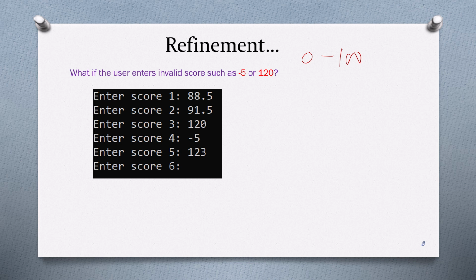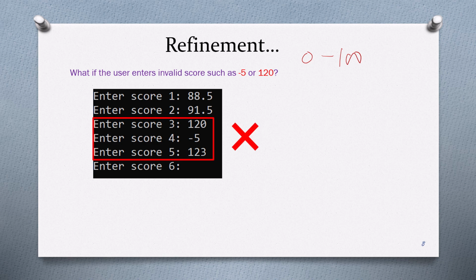See here, score number 3, score number 4, and score number 5 are invalid scores. For invalid scores, we don't want to accept. If the user entered an invalid score, we would like the user to re-enter, and we do not want to count that counter for that particular score value. How do we do that?